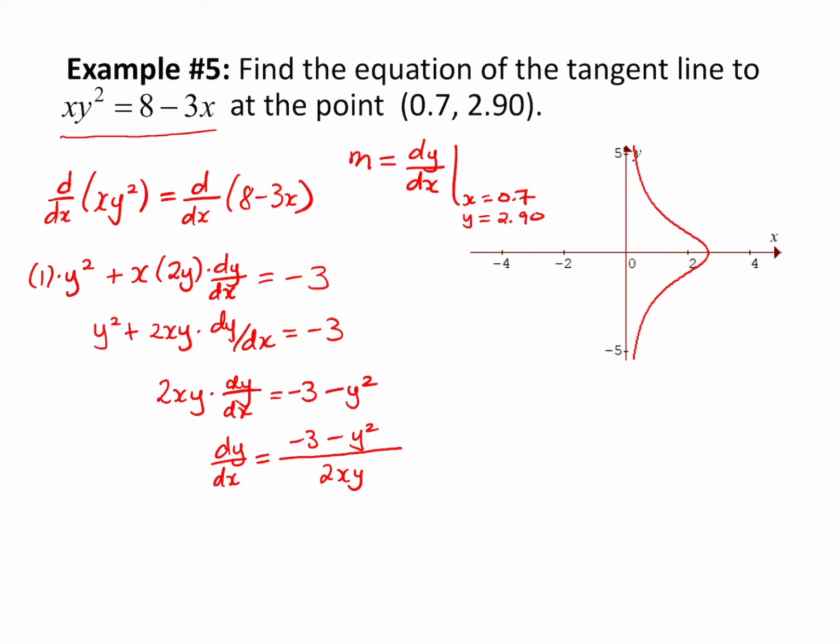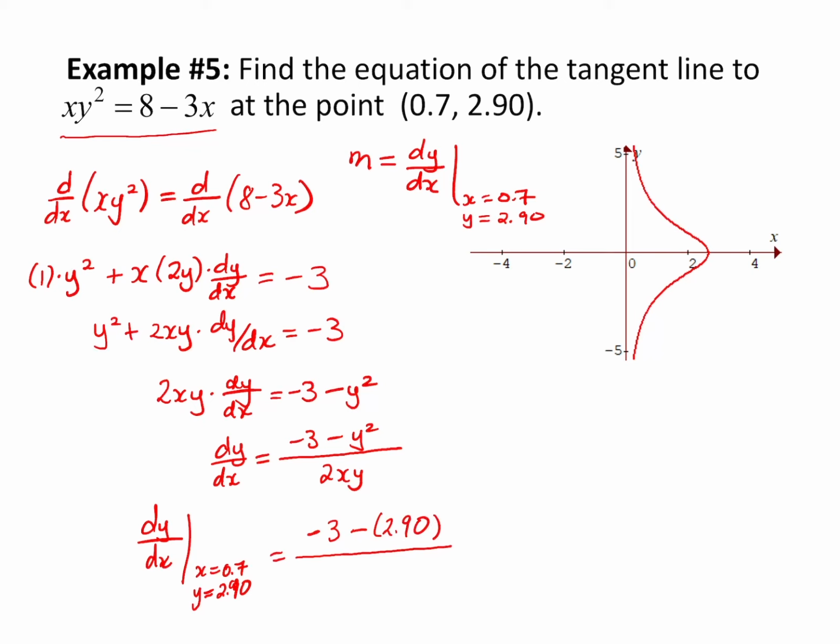Now what we want to do is calculate the derivative at our point, 0.7, 2.90, so at x equals 0.7 and y equals 2.90. You can see that the derivative depends on both x and y, so all we're doing now is substituting our x and y values into the derivative.